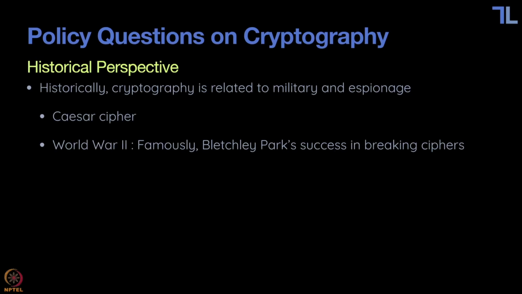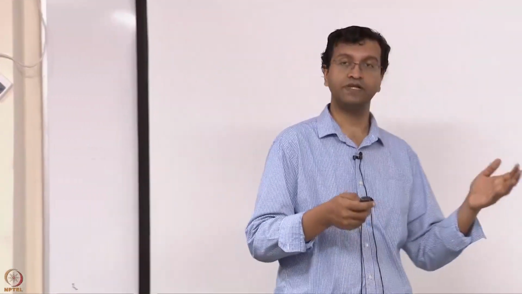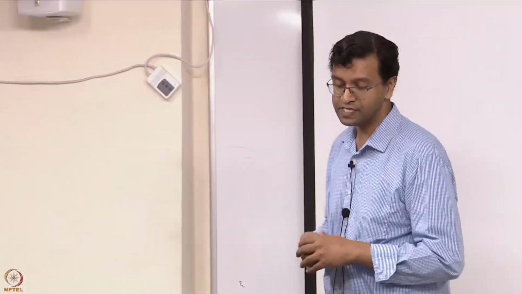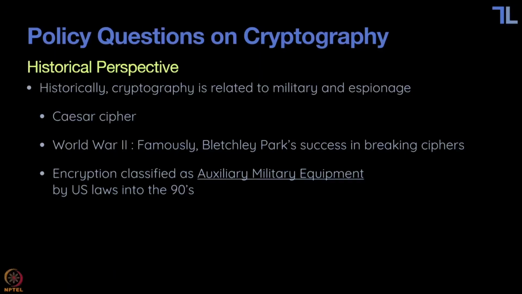In the Second World War, there is this famous center that was run by the British government called Bletchley Park, and that's where people like Turing worked on breaking ciphers. They collaborated with other people in Poland and so forth, but they had a lot of success in building big computers and breaking ciphers that were used by the Axis forces.